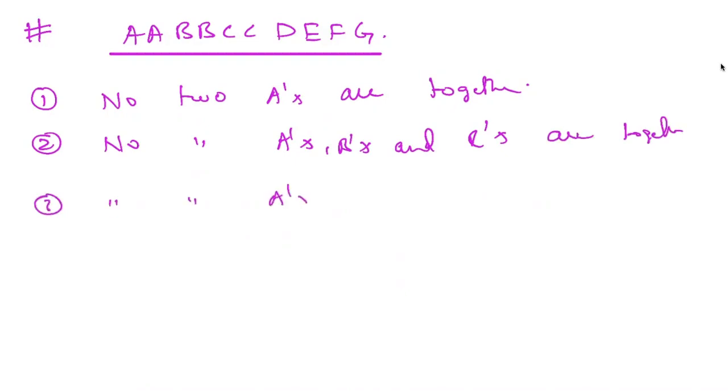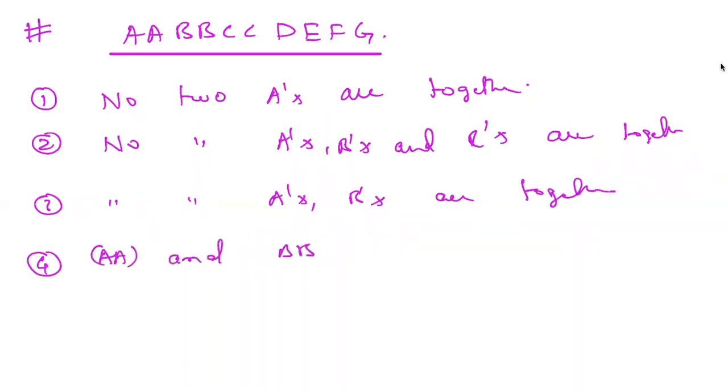Third, no two A's, B's are together. Fourth, AA and BB are together, but not two C's. So you have 4 questions, and I'm giving you 3 minutes for this. Think on this, then I'll go ahead, how to think and how to crack this.